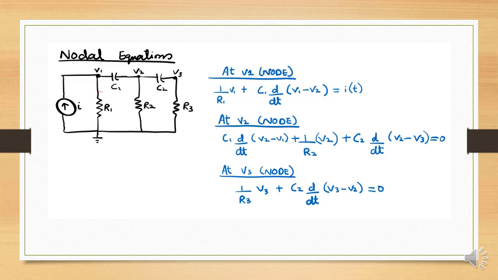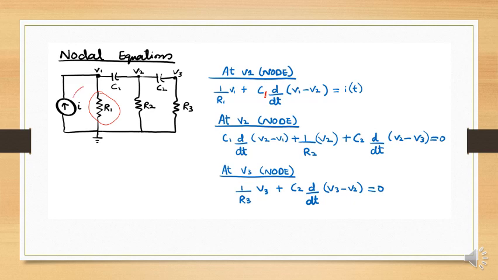It has R1, right? So 1/R1 into V1 plus, this node is also connected with the capacitor, C d/dt (V1 minus V2). Why? Because this capacitor C1 is connected with two nodes, and it is equal to the source current, this one, I.